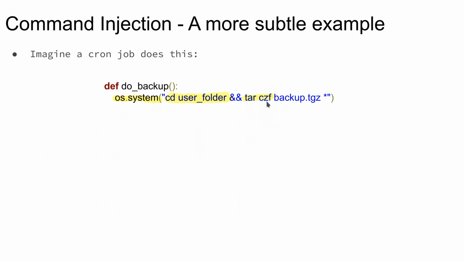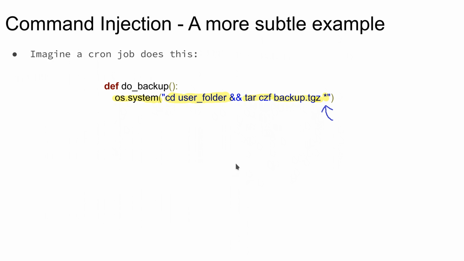Tar create zipped file just creates a file called backup.tgz, which is a compressed archive, Linux archive type. Then it uses an asterisk. This asterisk on the command line is a wildcard. So this will be replaced by all the file names in the directory.